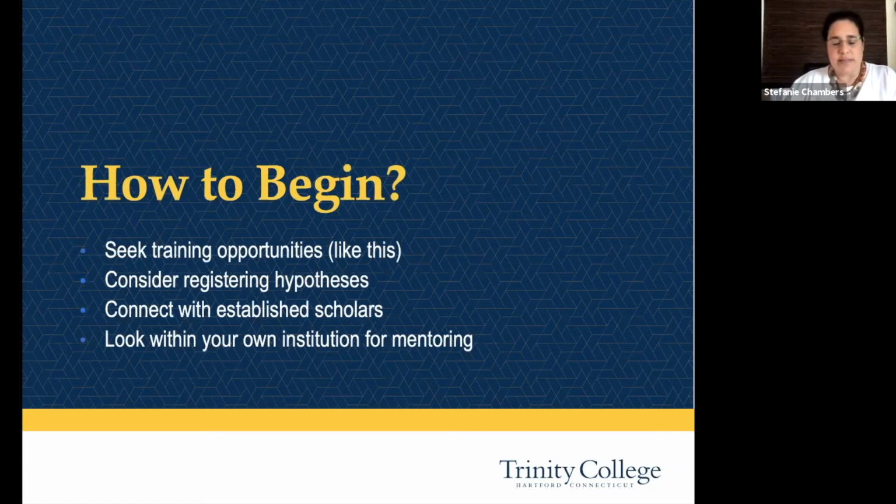First of all, you're doing the right thing by being in a training session like this. And I would emphasize that there are a lot of other types of training that you can pursue that can give you the skills that will help you in not only beefing up your own research skills, but helping advocate for yourself as a scholar who is perhaps making a pivot in terms of the type of research that you're doing.